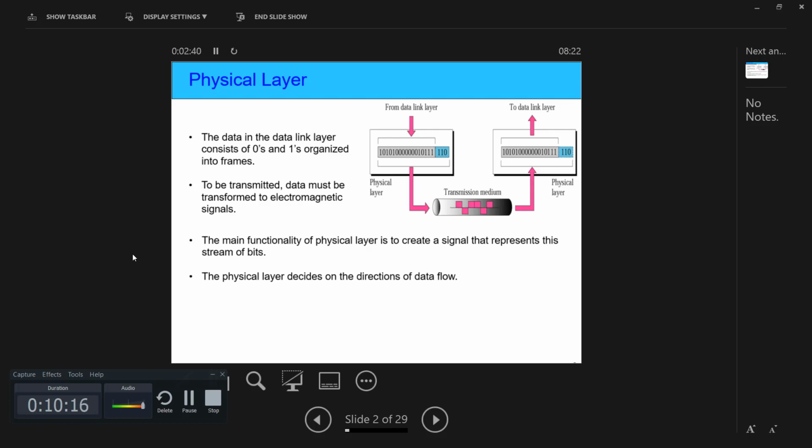And for sure, physical layer decides on direction of data flow, to which destination I will transmit this data, and decides on the number of logical channels, because we may have the same transmission medium but different users transmitting at the same time. So in this case, we represent it by logical channels. It's the same medium, but inside this medium, we can consider it as several logical channels, not physical channels, because the physical channel at the end may be a wire.